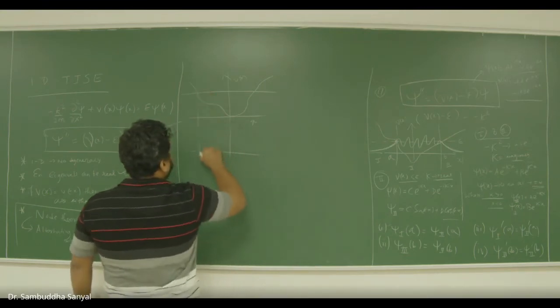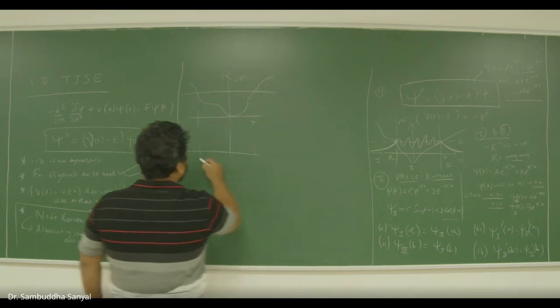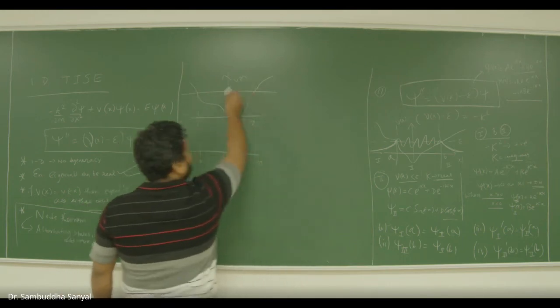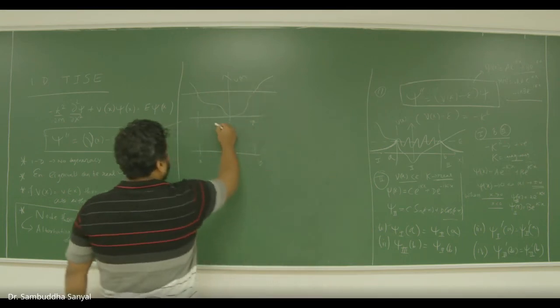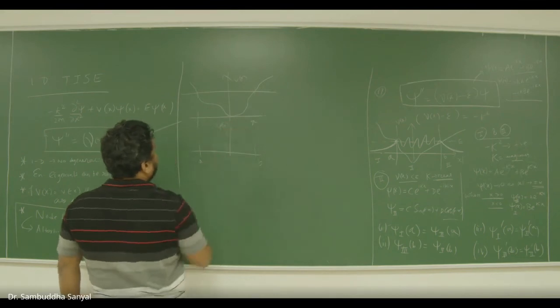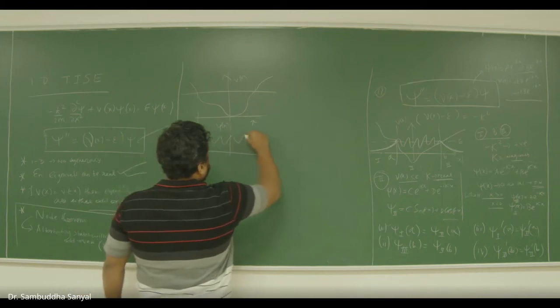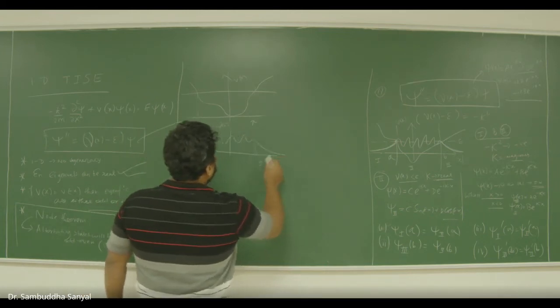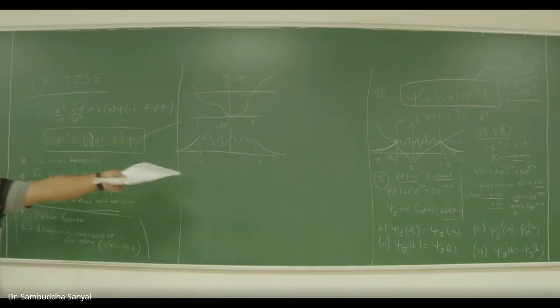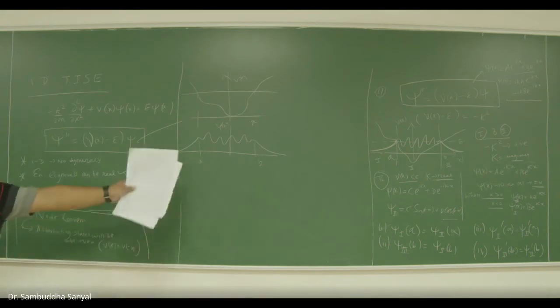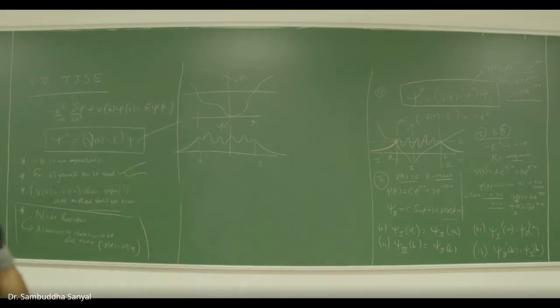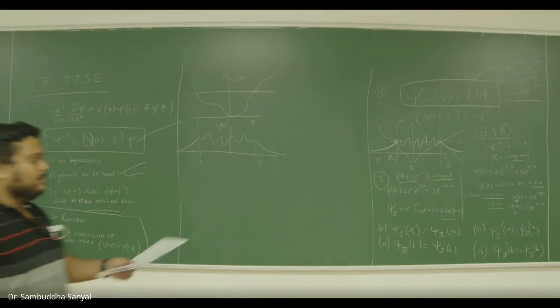If this is my regime, in one plot it's difficult to see two, because here the y-axis is V, so one should not draw like that. So this should be the sketch, and the sketch is this. Okay, so this must be the form of the solution for this problem. Without solving, I can sketch that much.